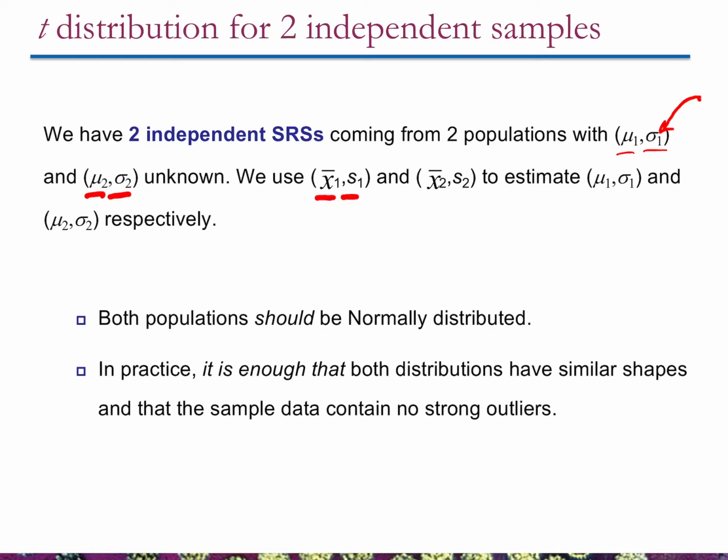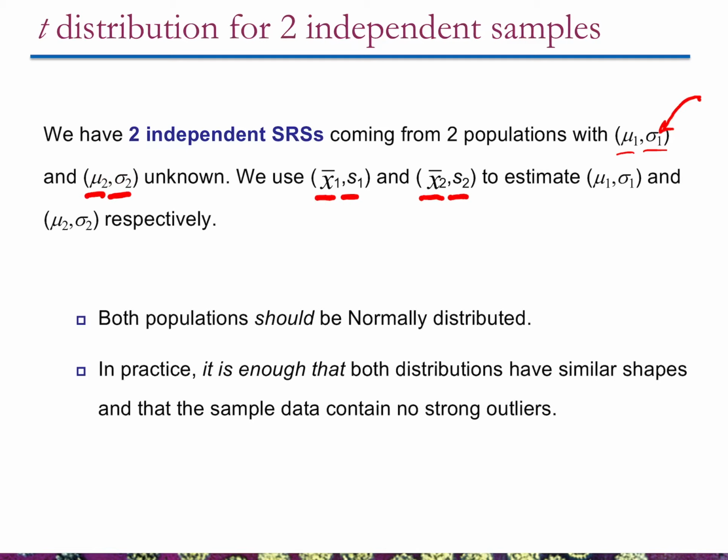So we're going to use the mean of sample 1 and its standard deviation to estimate the mean and standard deviation of population 1. And we'll use the mean of sample 2 and its standard deviation to estimate the unknown mean and standard deviation of population 2. That's the idea here.